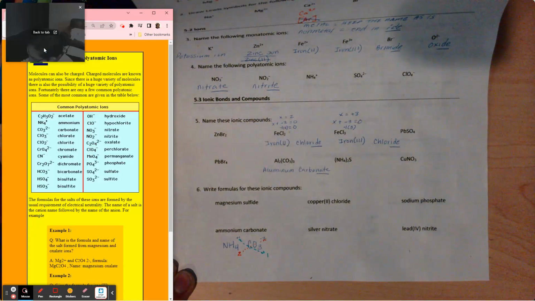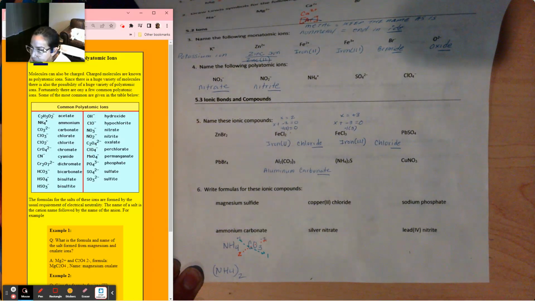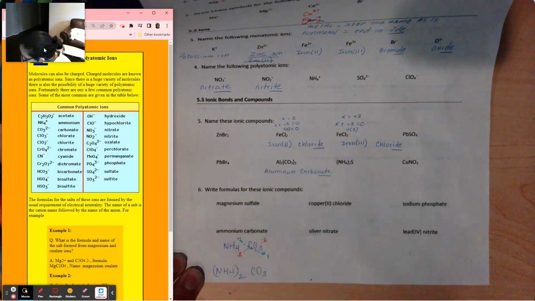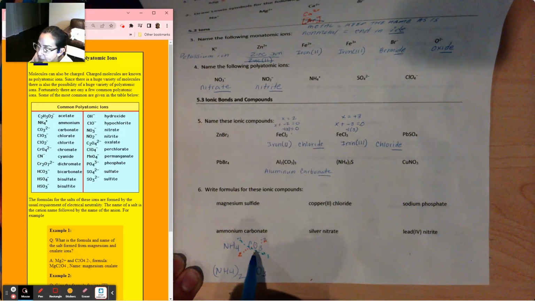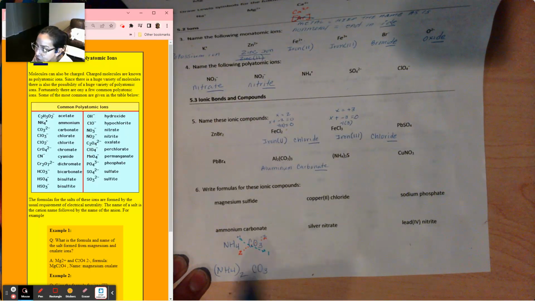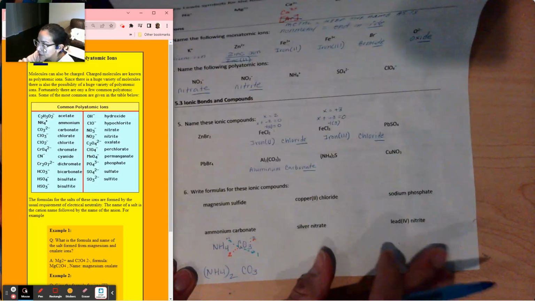And so now I could rewrite this as NH4, and there's going to be 2 of these ammonium ions, and carbonate, there's only going to be 1. So this is called the crisscross method. It's a very simple, easy method to figuring out the charges that are going to be associated when you combine them together. So -2 and a +1, just crisscross, and you get this little figure right here. Super simple, super easy crisscross method.